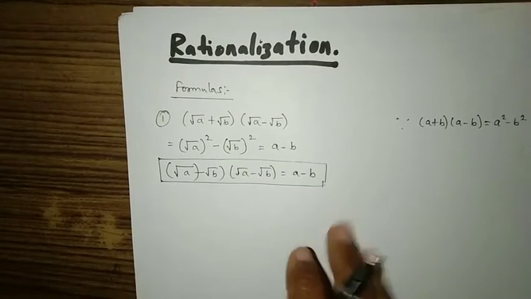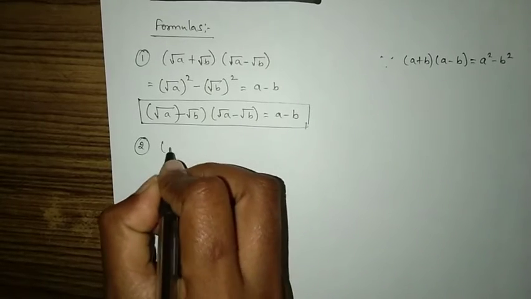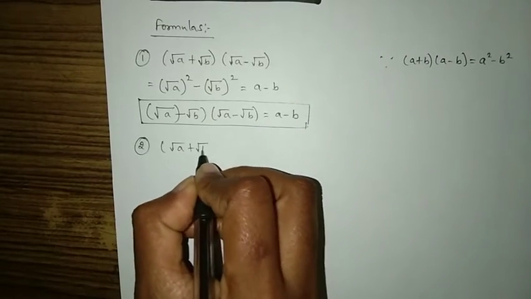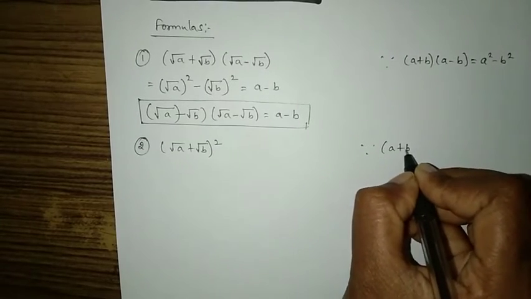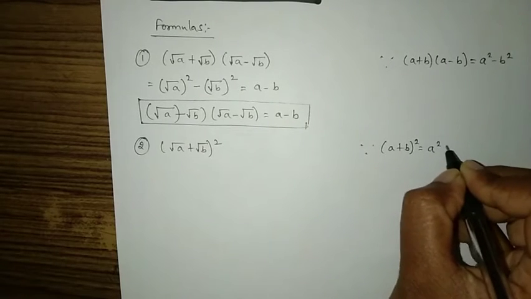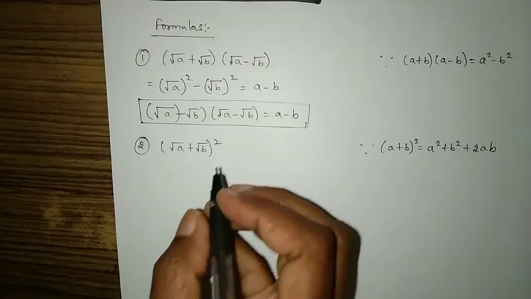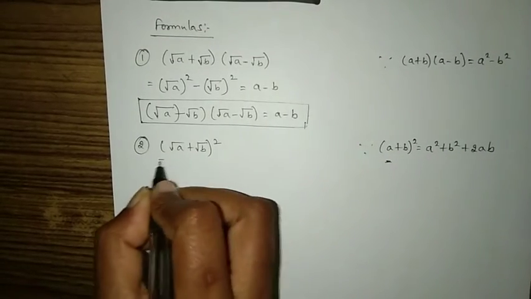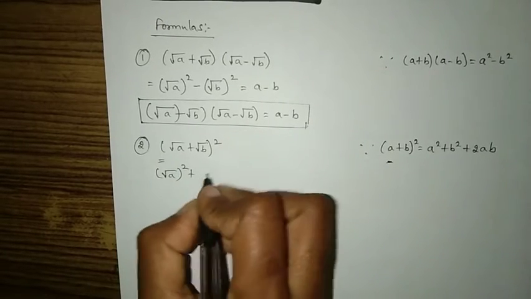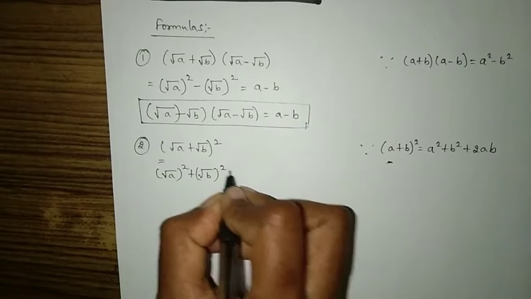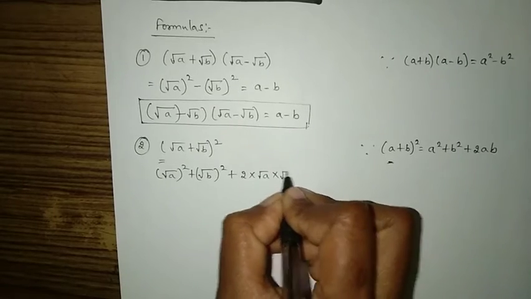So let's move to the another one, that is (root a plus root b) whole square. This is a formula: (a plus b) whole square is equal to a square plus b square plus 2ab. So we are substituting this formula here, that is root a whole square plus root b whole square plus 2 into root a into root b.